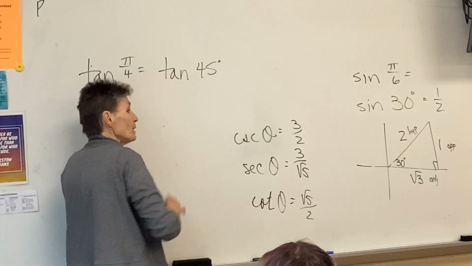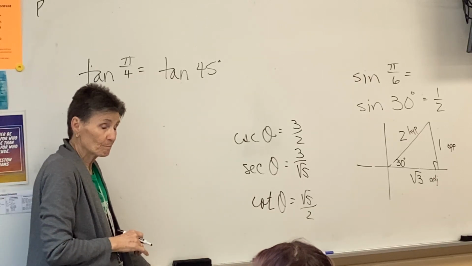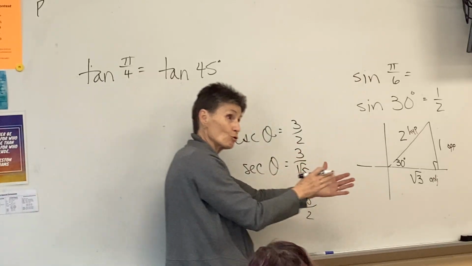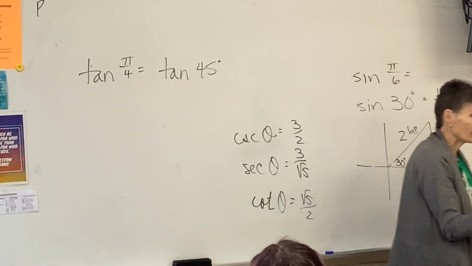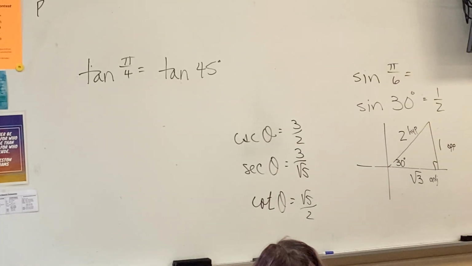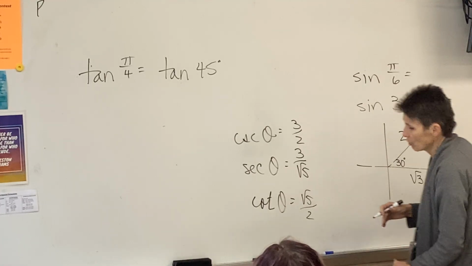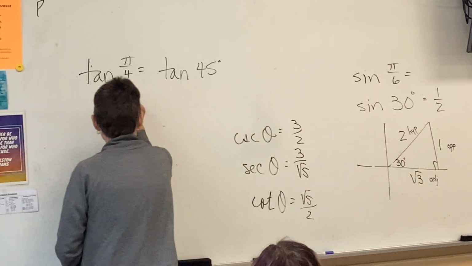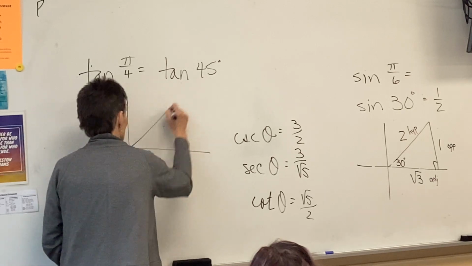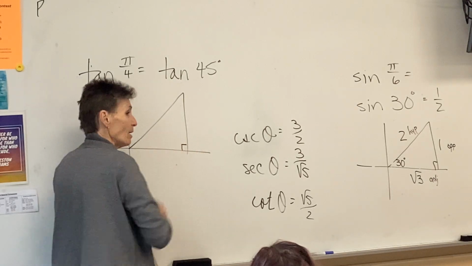So back when you were younger, you had the 30, 60, 90 triangles, and then the other one you had, the 45, 45, 90 triangles. So I'm going to draw my picture, the same picture I always draw.